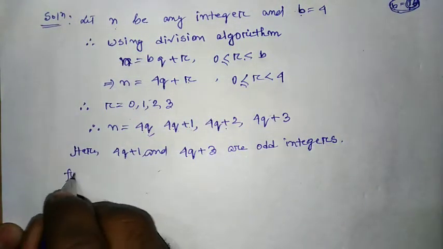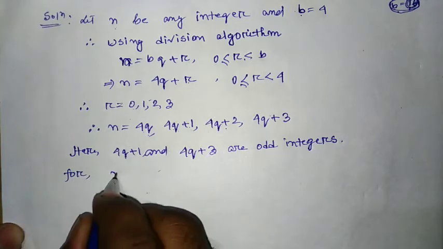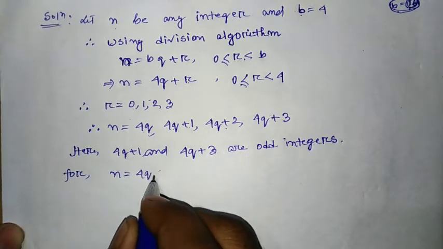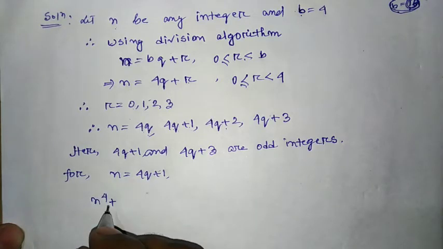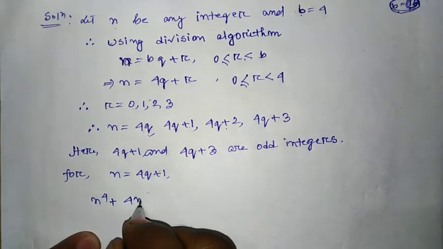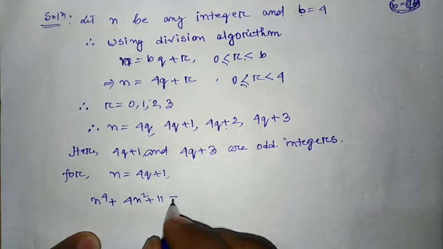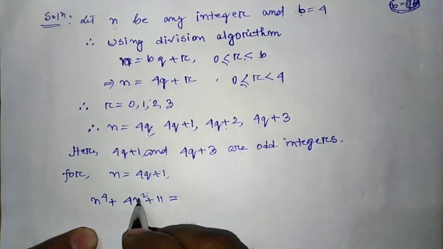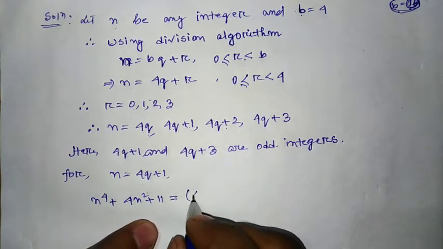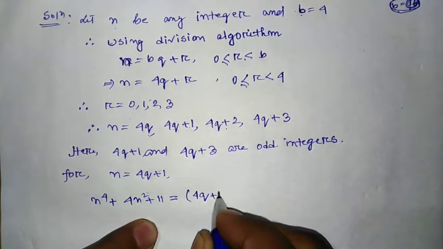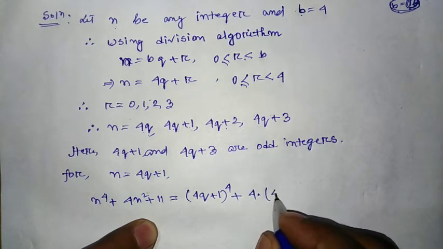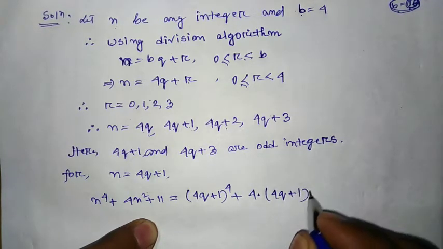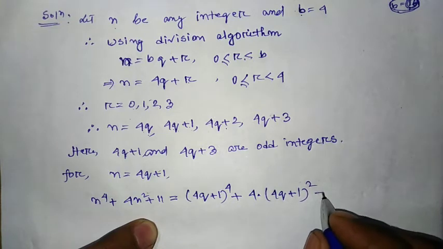For n equal to 4q plus 1, our expression n to the power 4 plus 4n square plus 11 is equal to, we have to put the value of n, (4q plus 1) to the power 4 plus 4 into (4q plus 1) whole square plus 11.